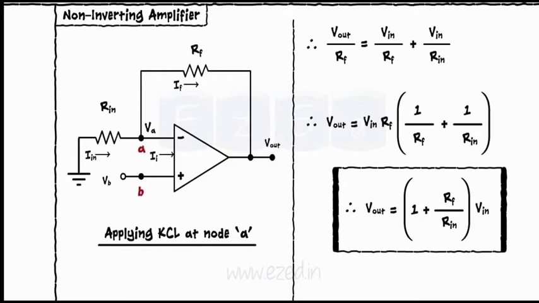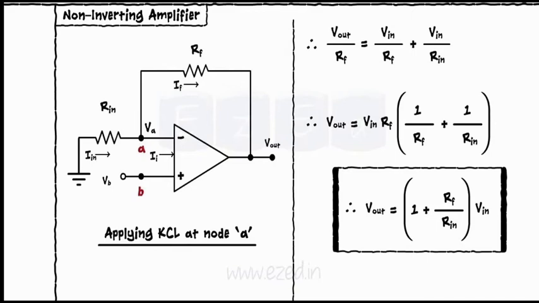So we have the equation Vin by Rf plus Vin by Rin is equal to Vout by Rf, and hence on simplification Vout is equal to (1 plus Rf by Rin) into Vin, or Vout by Vin is equal to 1 plus Rf by Rin. Here Vout by Vin becomes the voltage gain A.